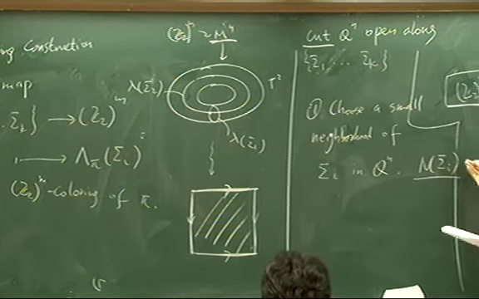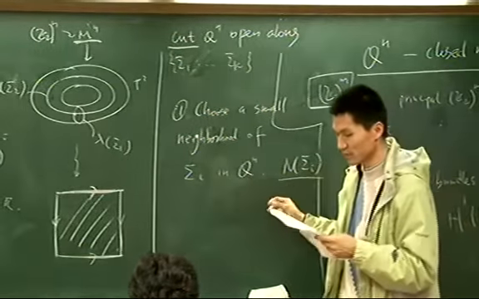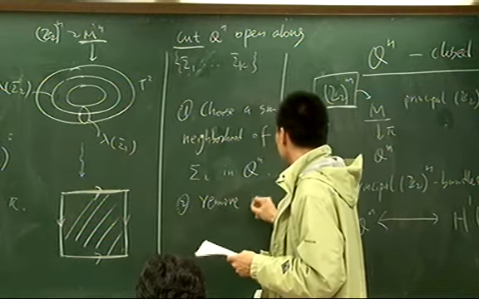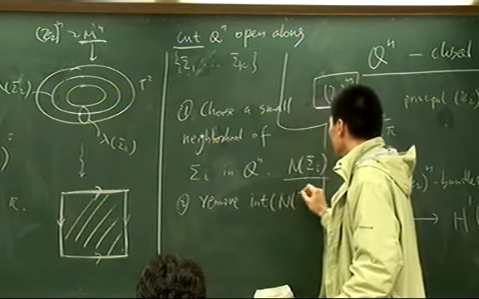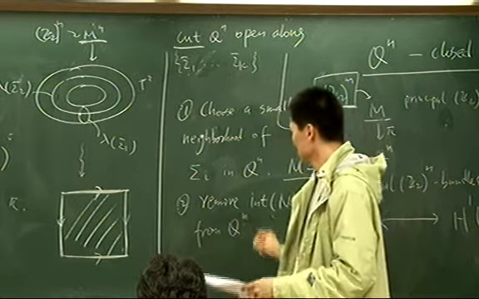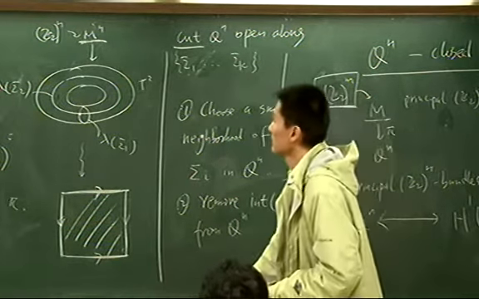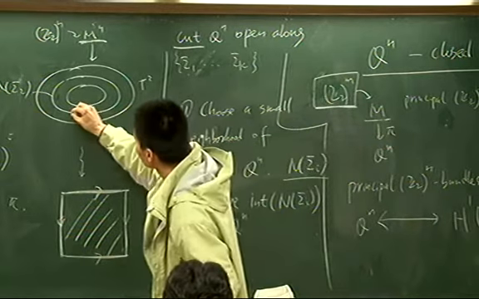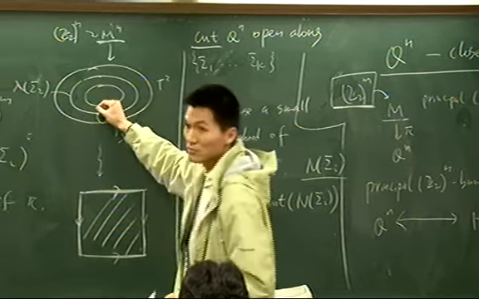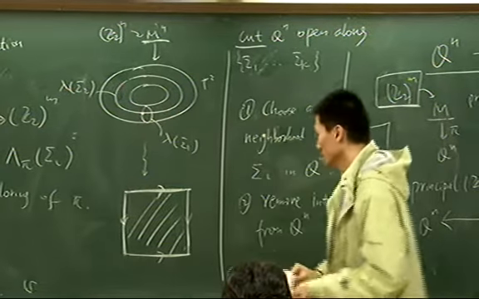You can think of it as a line bundle over sigma i, and then remove the interior of this from Qn. In this picture, we remove a very thin neighborhood of these two circles, and then we get a square.